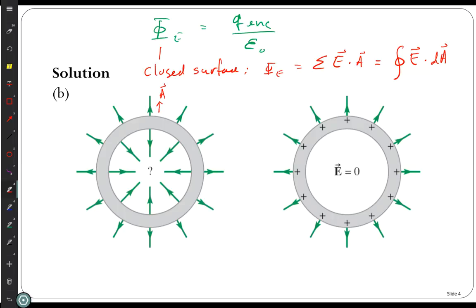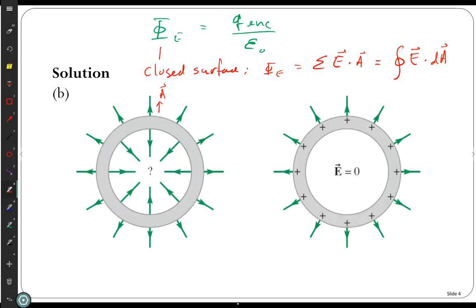Now, what does a dot product mean? We're multiplying the parallel parts. So to take the flux on this surface, I say, okay, the area is parallel to the electric field. Based on my symmetry, and you see symmetry is a big part here, the electric field is always going to be parallel to the area for my sphere.